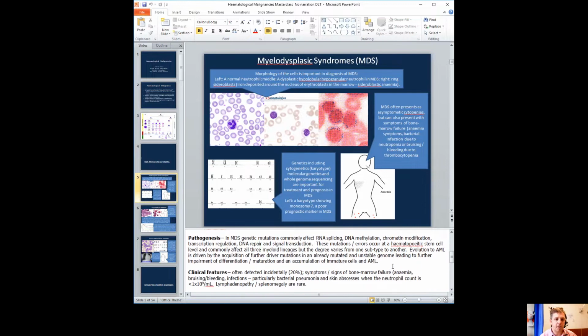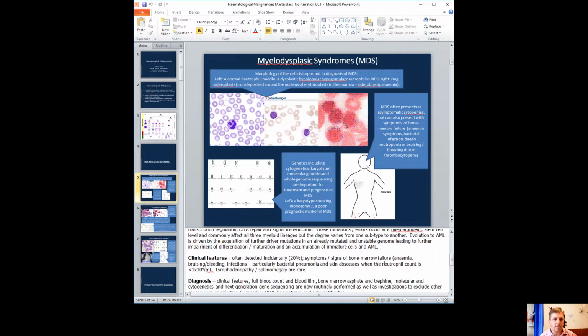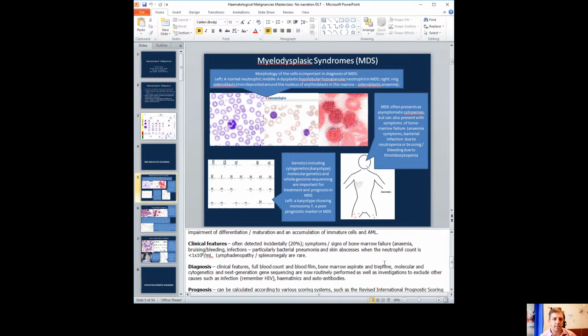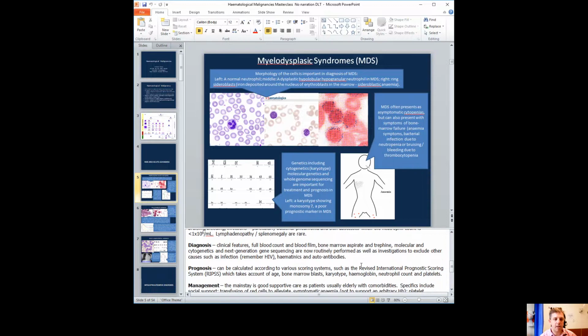And it occurs due to mutations in the myeloid cells in the bone marrow. It normally presents with cytopenias, anemia, low platelets, low neutrophil counts, which can lead to infections or bleeding or fatigue. But it's a more slowly progressive disorder.